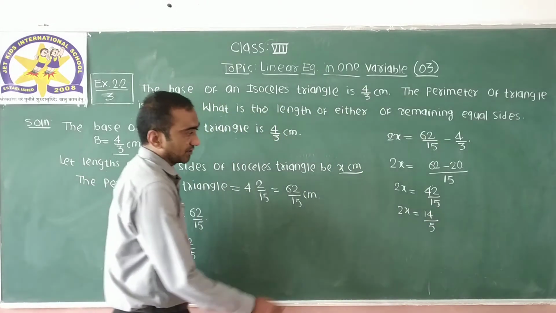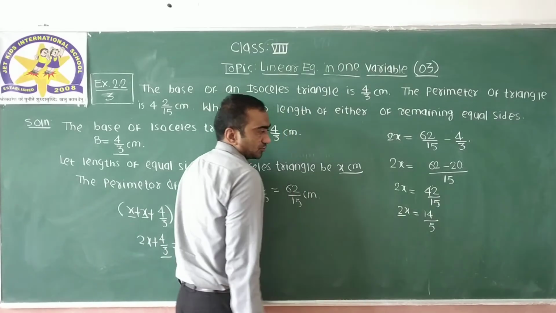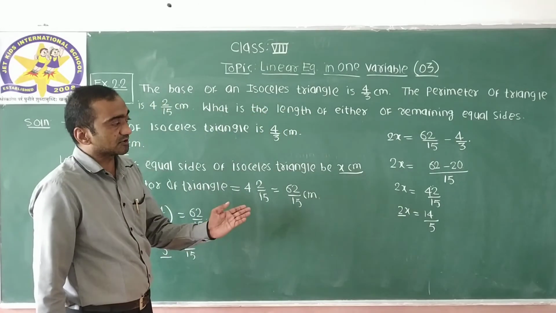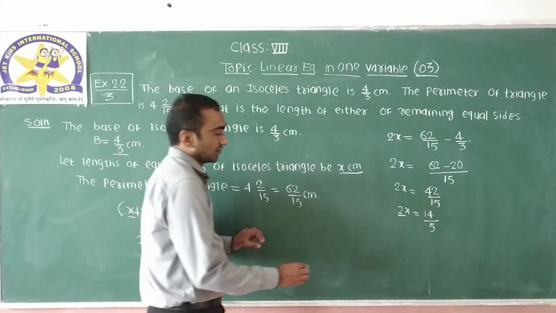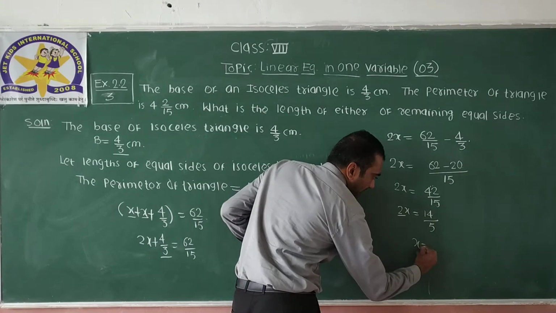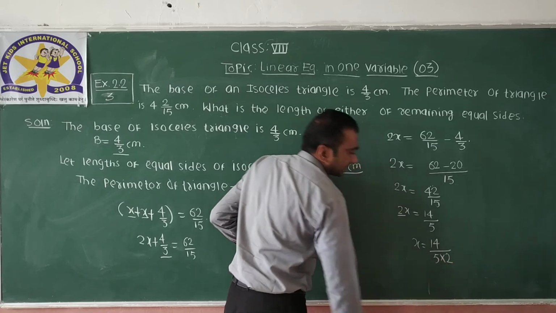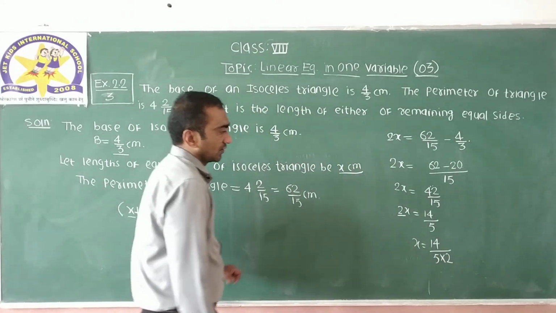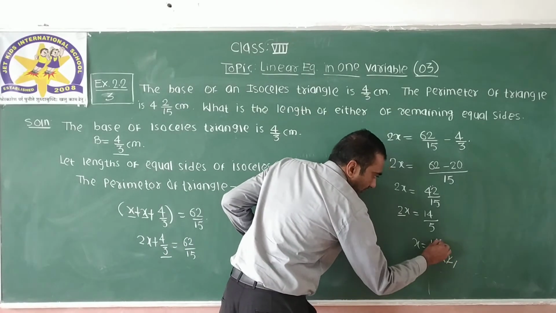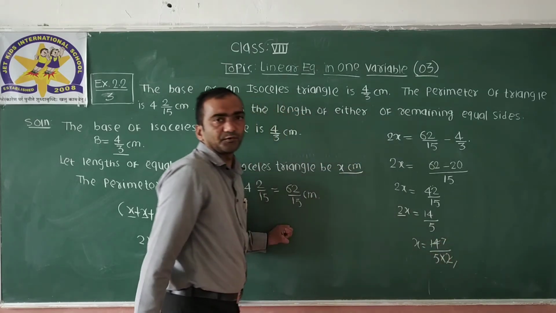After that, transfer this 2. This 2 is in multiplication. When we transfer it, it goes to division. So x equals to 14 divided by 5 into 2. Here we cancel 2: 2 ones are 2, 2 sevens are 14.